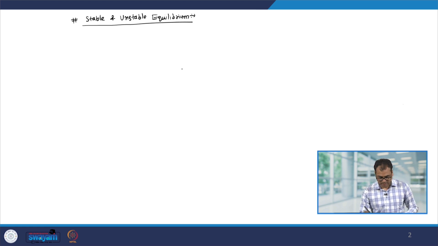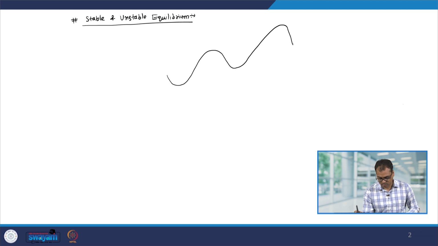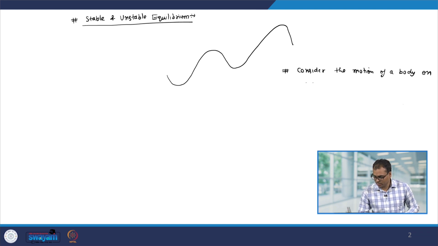Let us say that a body is moving on a smooth curve which is in vertical plane. Okay. So, consider the motion of a body on a smooth curve in a vertical plane.